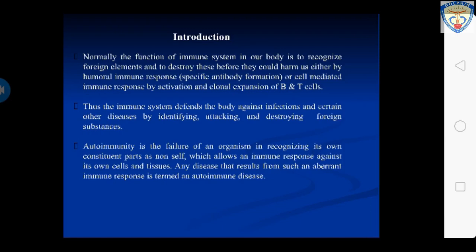Autoimmunity, as the name describes, can be defined as the failure of an organism in recognizing its own constituent parts as non-self, which allows an immune response against its own cells and tissues. And any disease that results from such an aberrant immune response is termed as an autoimmune disorder.